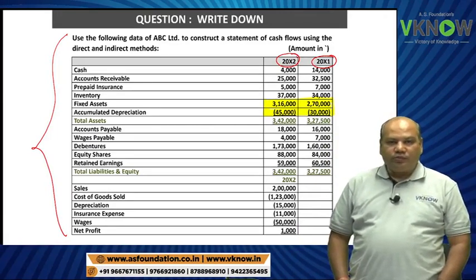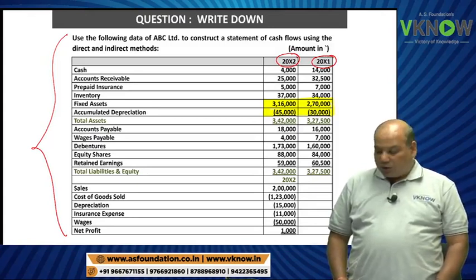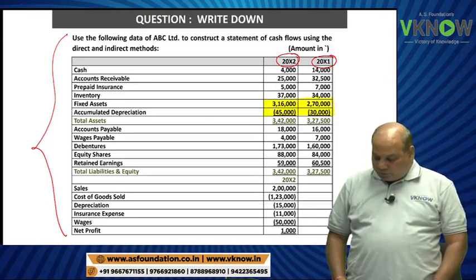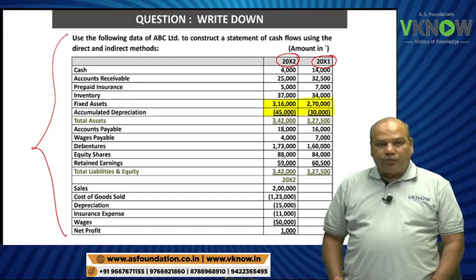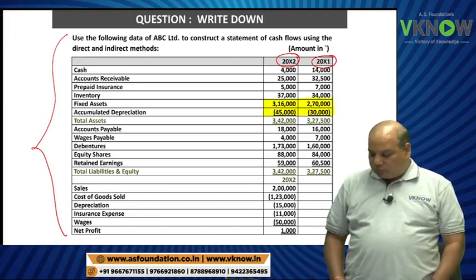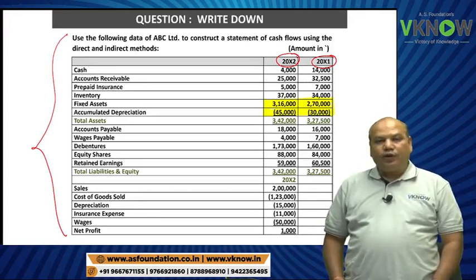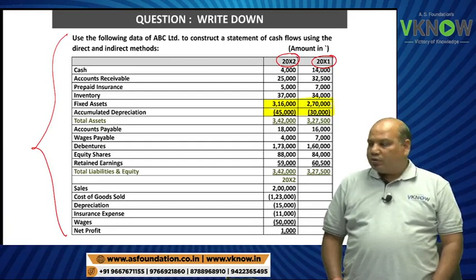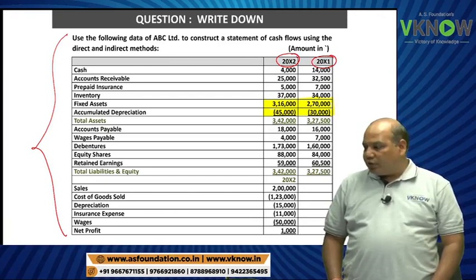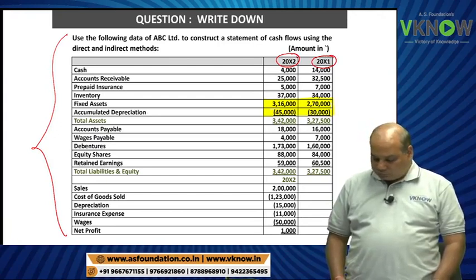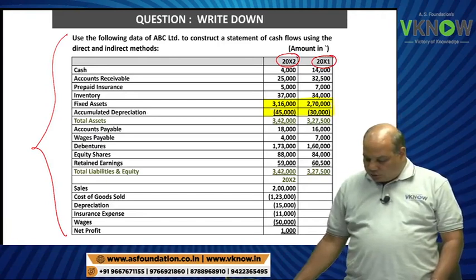Total assets 3,42,000, 3,27,500. This is your asset side.